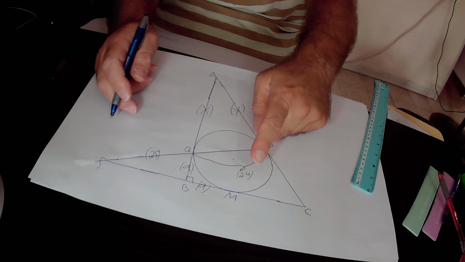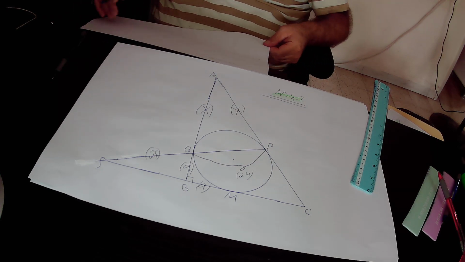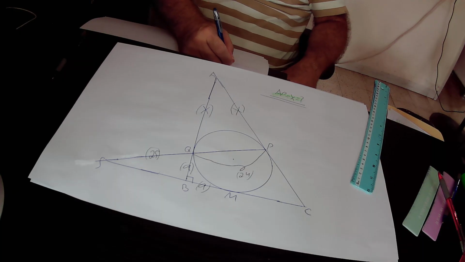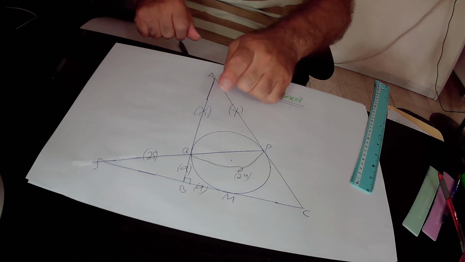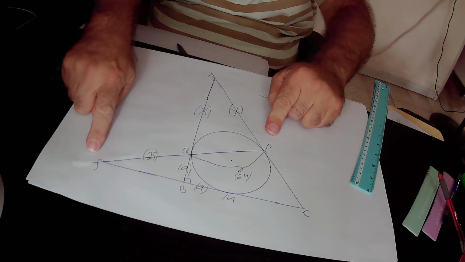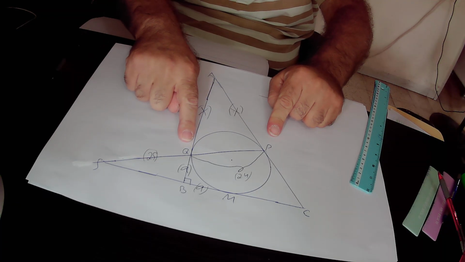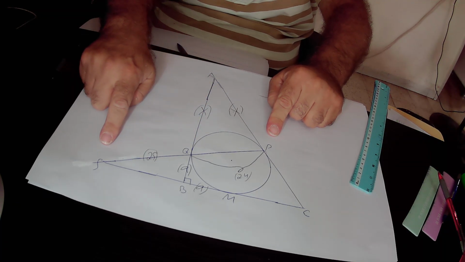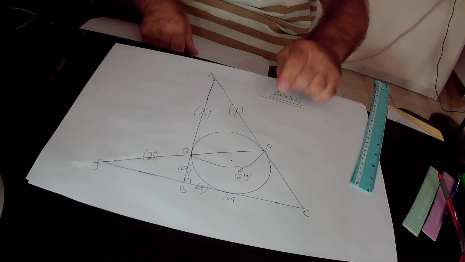SM is the missing tangent, so SM square equals SQ, which is 25, times SP. What is the length of SP? SP in total equals SQ, that is 25, plus QP, that is 24. So in total, SP equals 25 plus 24, that is 49.